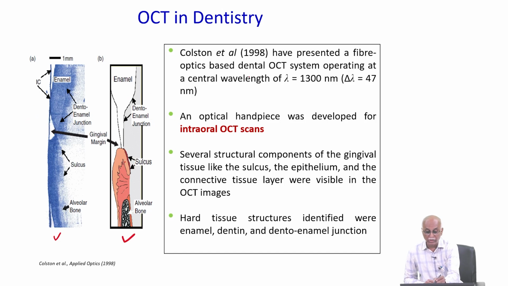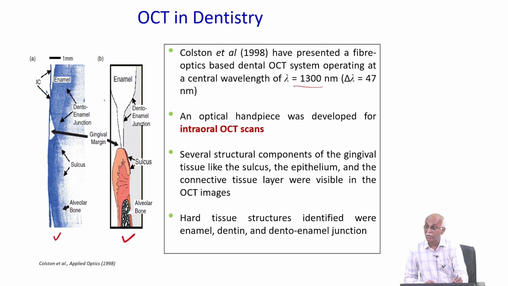So, we use, let us say, a 1300 nanometer light source, and it can penetrate through the enamel layer. The enamel layer may be of the order of a few hundred micrometers or a little larger, and we can even penetrate through the gingival tissue and capture this information.